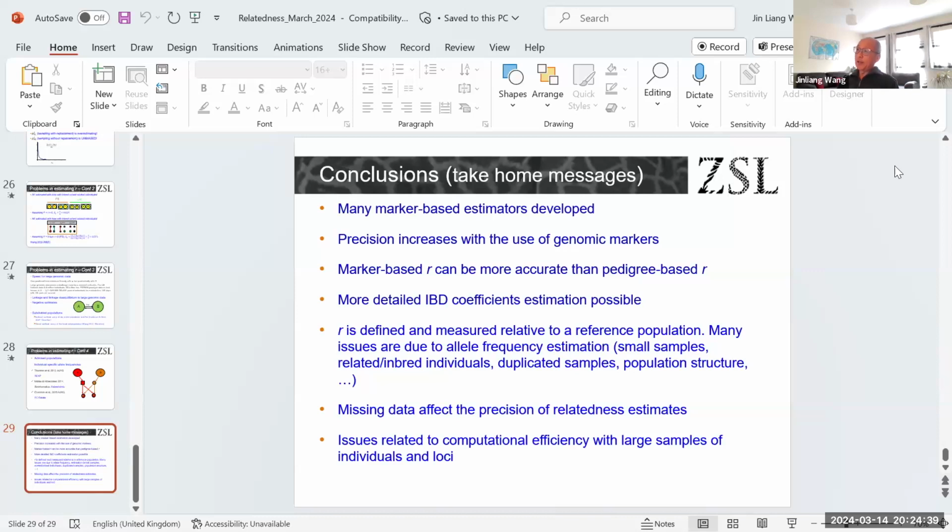Of course, people are also interested in knowing how reliable these point estimates are, or their confidence intervals. If we are really interested in the confidence intervals around these values, then linkage disequilibrium should be important, because with linkage disequilibrium these loci are correlated.